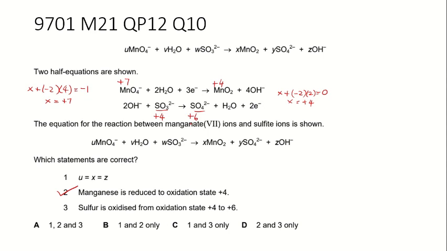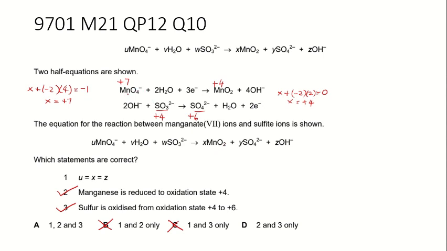Oxidation number increases, that means it is an oxidation. Now in the previous case, oxidation number decreases, plus 7 to plus 4, so reduction. Now both statements 2 and 3 are correct, so now you can rule out that B and C are not the answer. So now all depends on whether the first statement is correct or not.